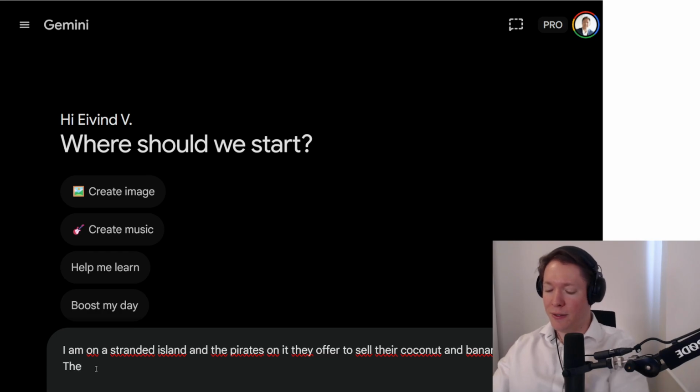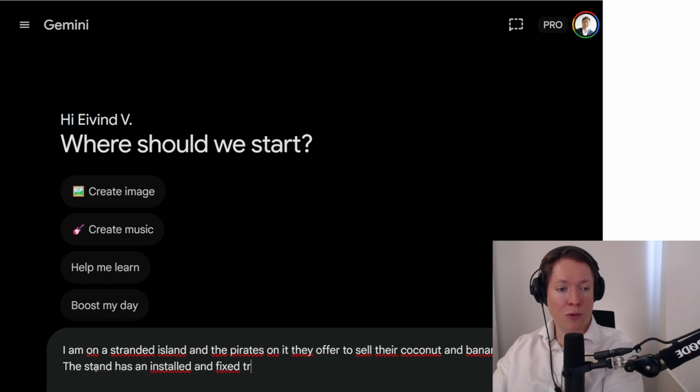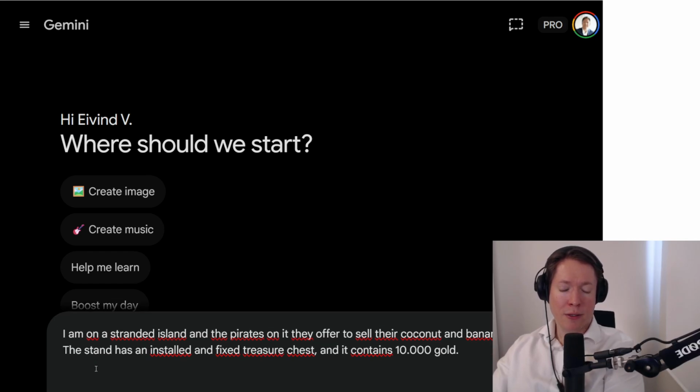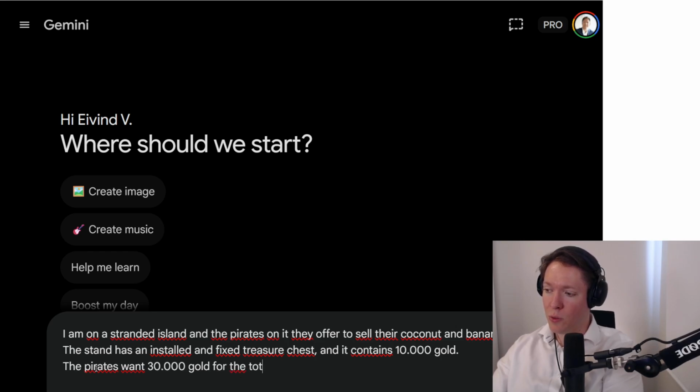The stand has an installed and fixed treasure chest, and it contains 10,000 gold. Okay, and the pirates want 30,000 gold for the total price.